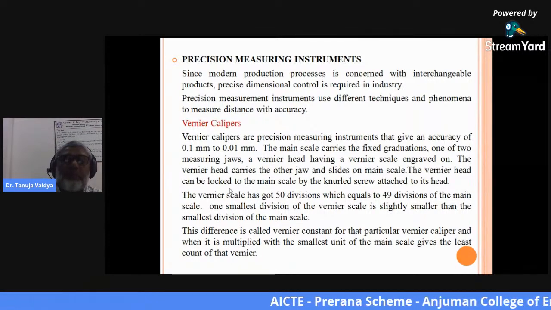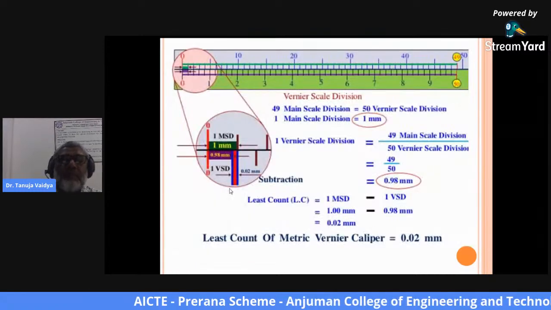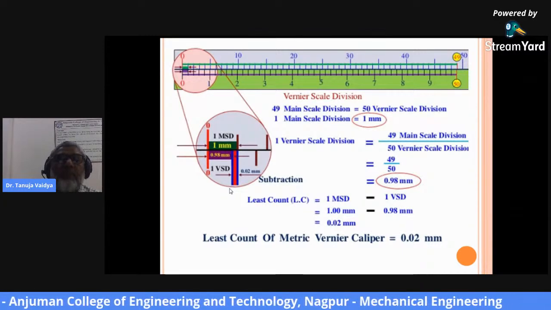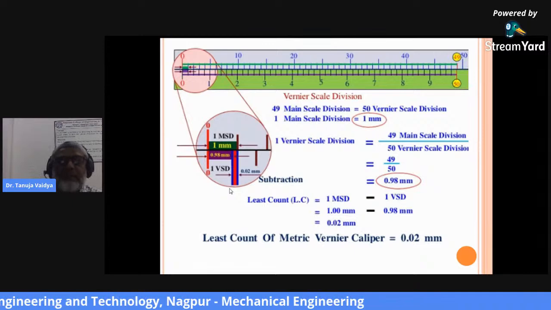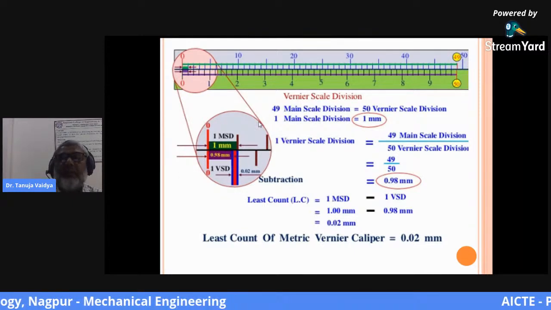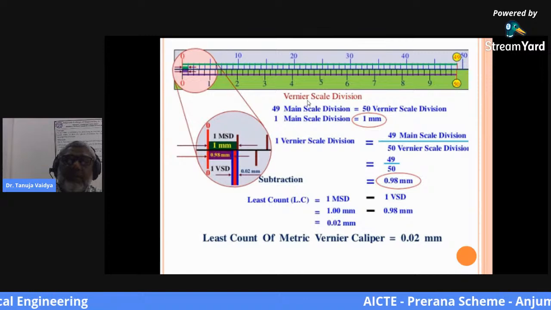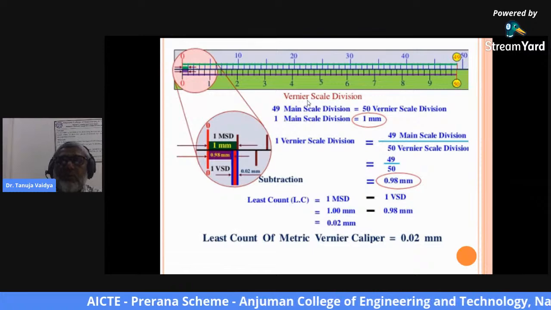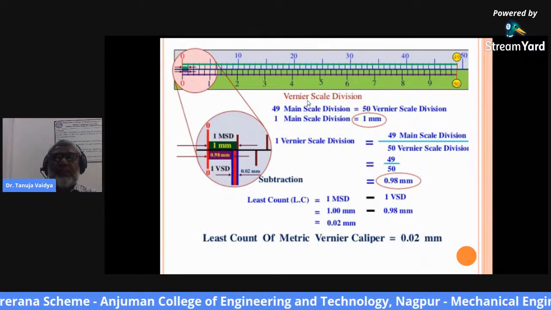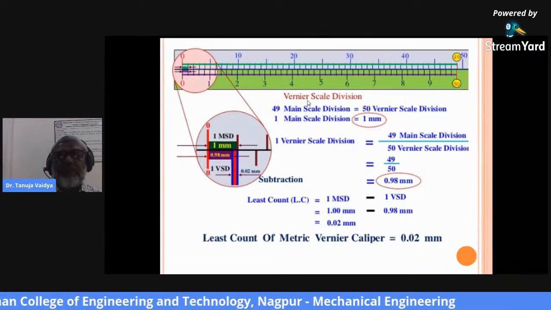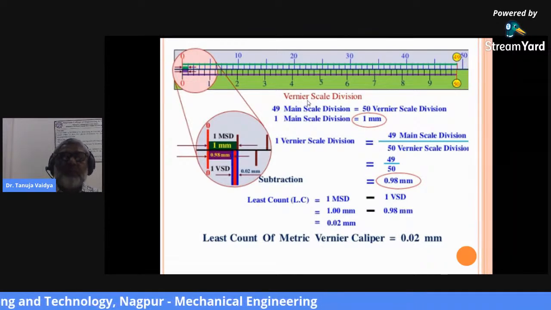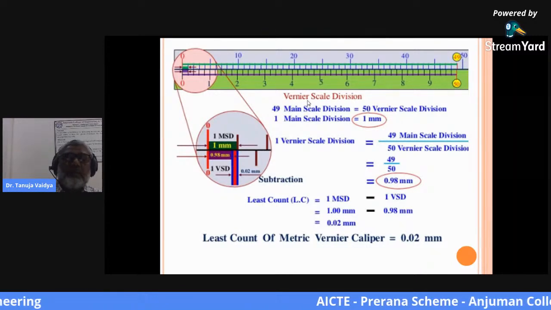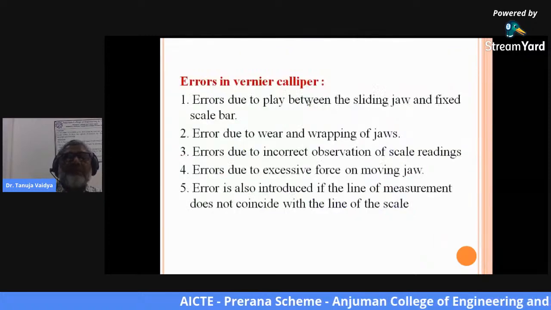Because of this variation, we can get the least count. That is, 49 main scale divisions equal 50 vernier scale divisions. Therefore, one vernier scale division comes out to be 0.98 mm instead of 1 mm. So the difference between one main scale division and one vernier scale division comes out to be 0.02 mm. This is the least count of a vernier caliper.